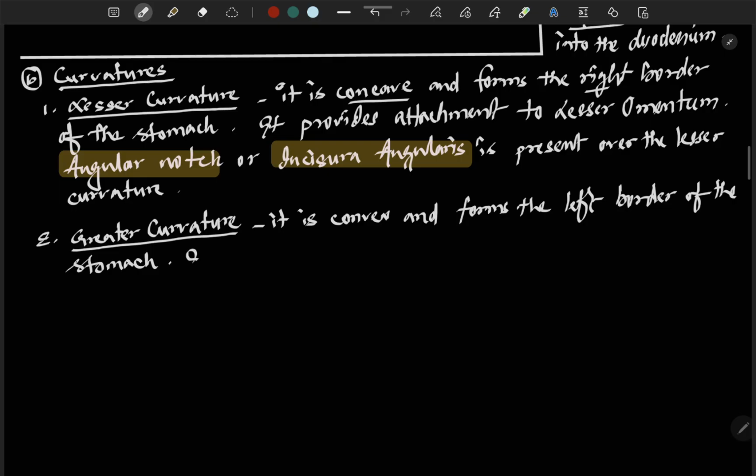Okay, it provides attachment to the greater omentum.